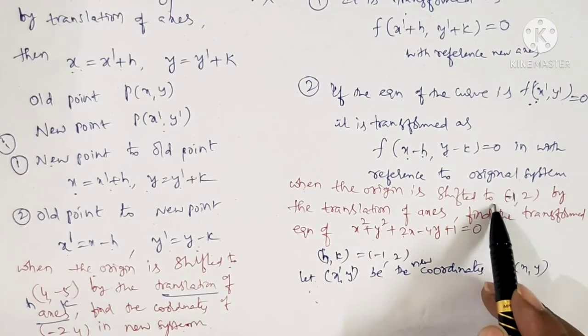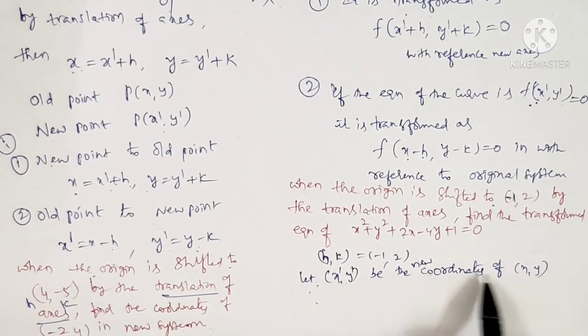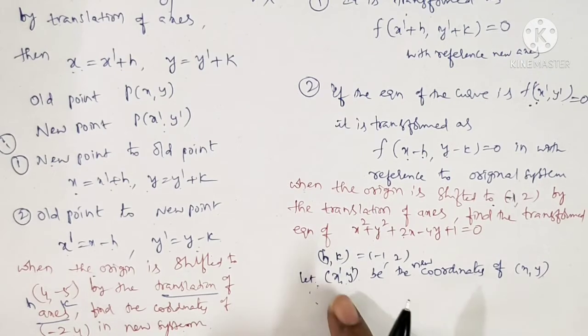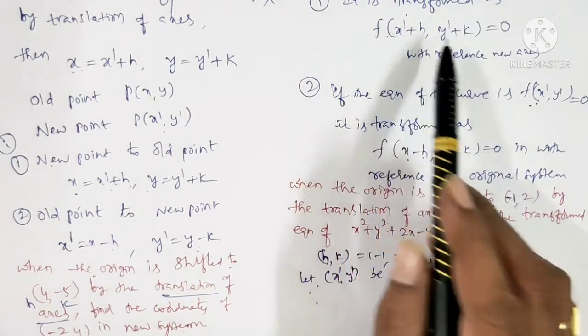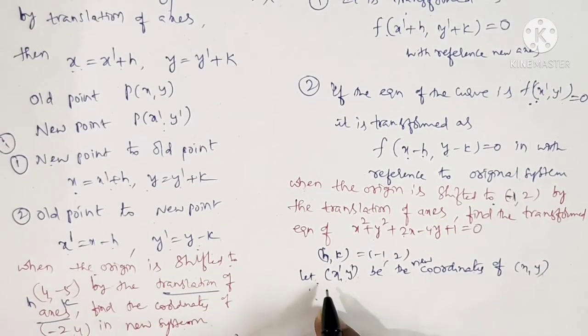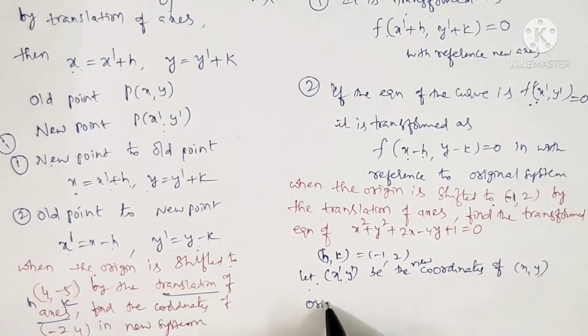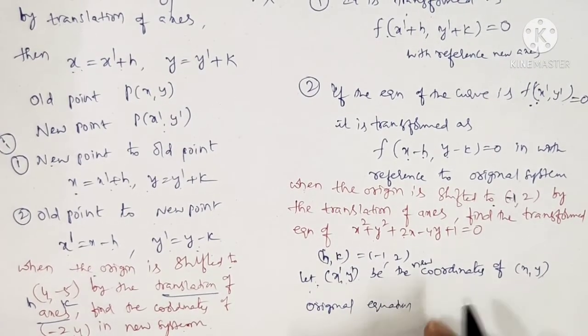And here the origin is shifted to this point. That means we have to find the curve in the new axis. So this is the original equation. What is the original equation? The original equation will always be in the old system.